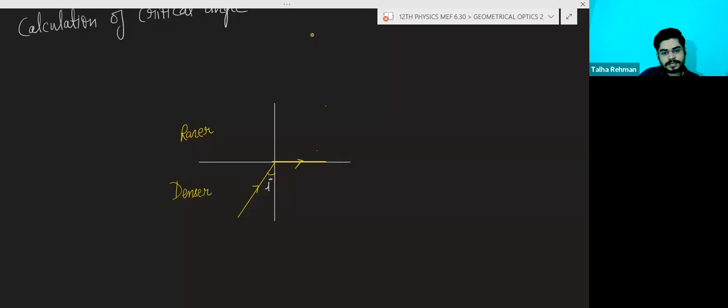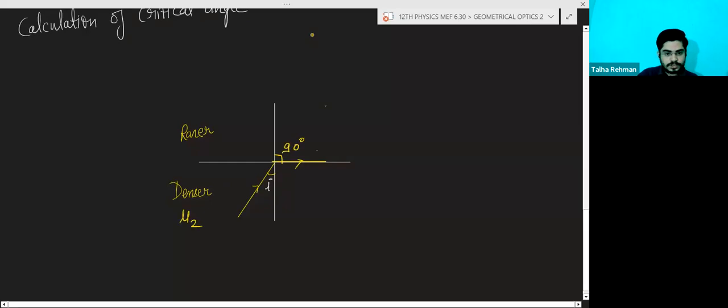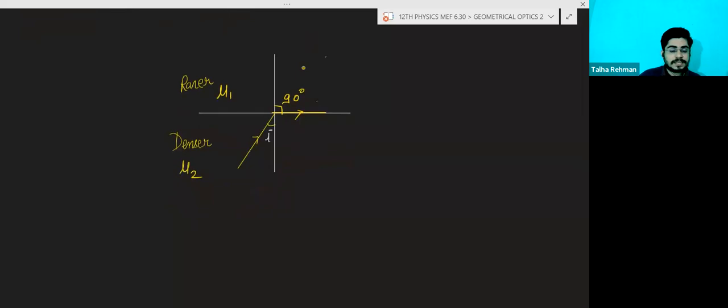So this is the reflected ray, and this angle is 90 degree. Suppose the refractive index of this denser medium is mu2, and the refractive index of this rarer medium is mu1. Now we will apply Snell's law.